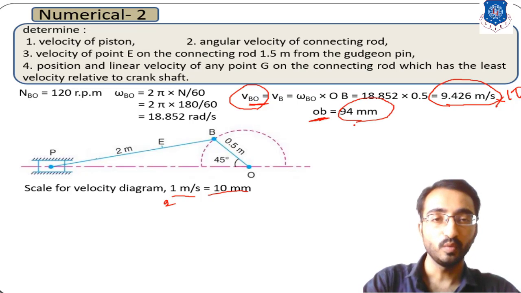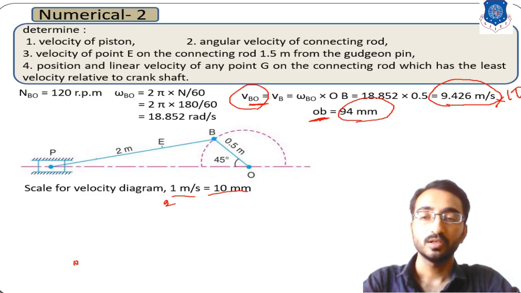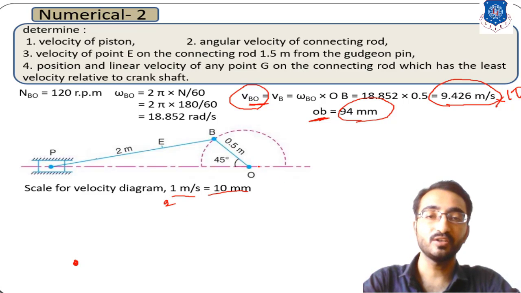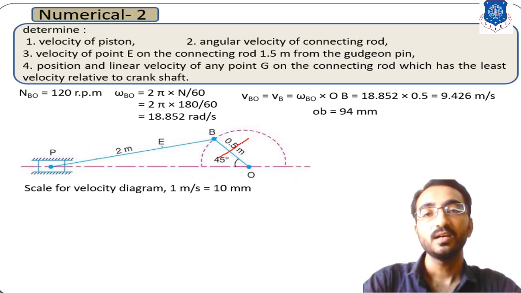Okay, now with this help you can sketch your velocity diagram. Let's first consider point O over here, that is your fixation point. Now the velocity of crank OB will be perpendicular to the line joining OB. So if you consider point O over here, the perpendicular line to OB is sketched in this way.